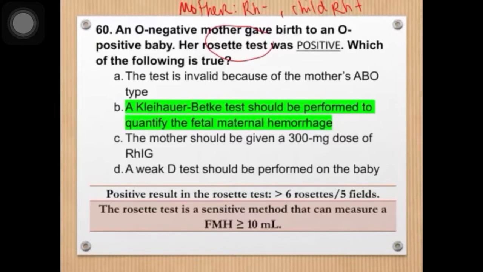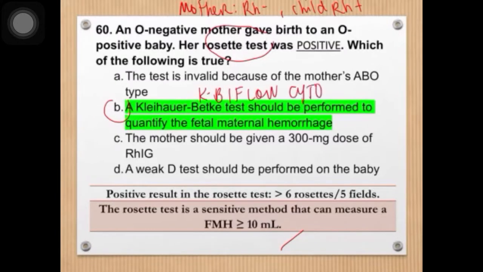Kapag positive po yung Rosette, magpo-perform po tayo ng quantitative test for fetal-maternal bleed. Ano pong halimbawa ng quantitative test for fetal-maternal bleed? Kleihauer-Betke test or flow cytometry. Kasi magko-compute na po tayo ng number of RhoGAM vials.